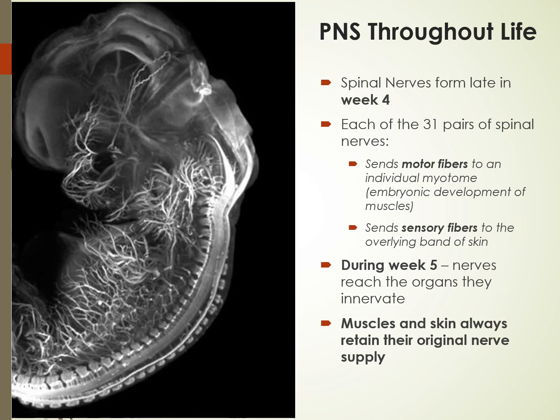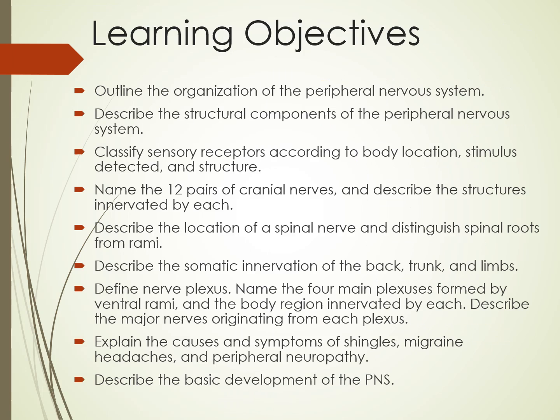So the nervous system really develops quite early on, or the peripheral nervous system, I should say. And they form really kind of late in week 4, so that's very early on. And essentially all 31 pairs of those spinal nerves are developing. They're sending motor fibers to individual embryonic developments of the muscles called myotomes.